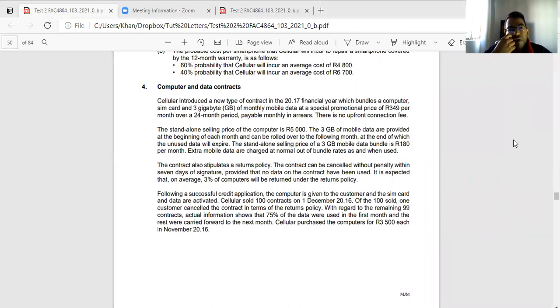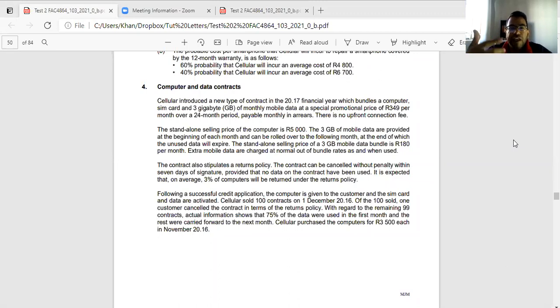But think about MTN, think about Vodacom, the number of clients they have is in the millions, right? So therefore, the data and the minutes and the SMSs that may be carried over for their clients can be significant.